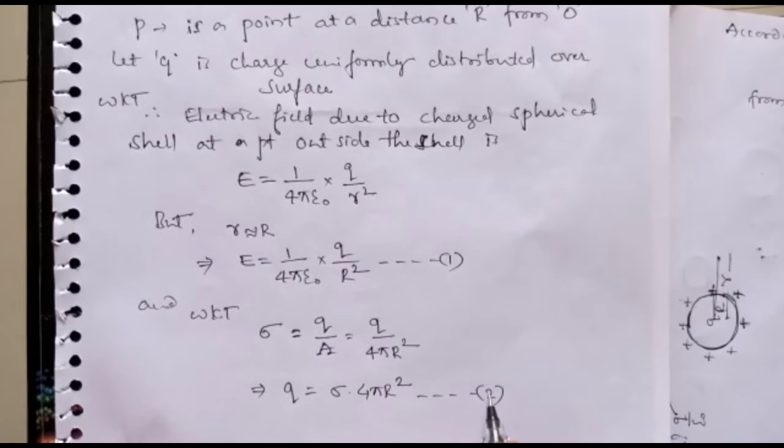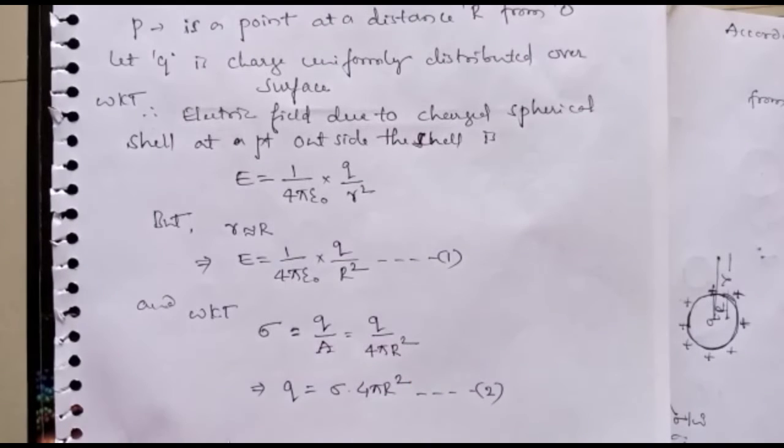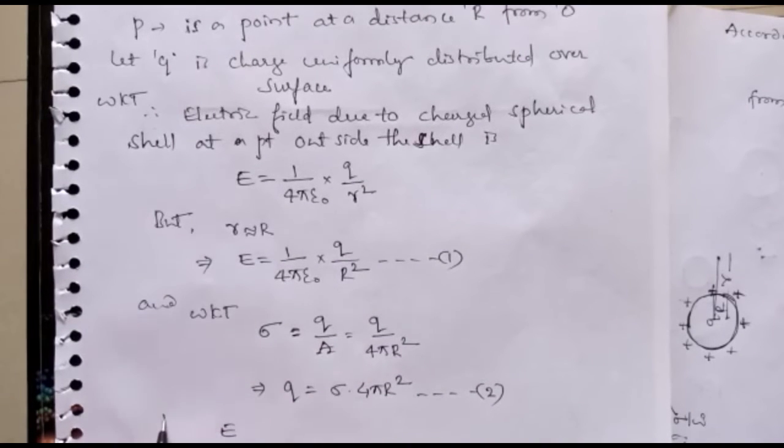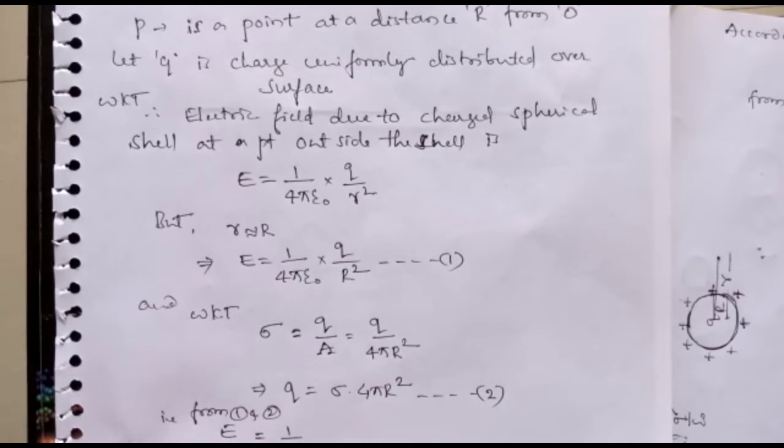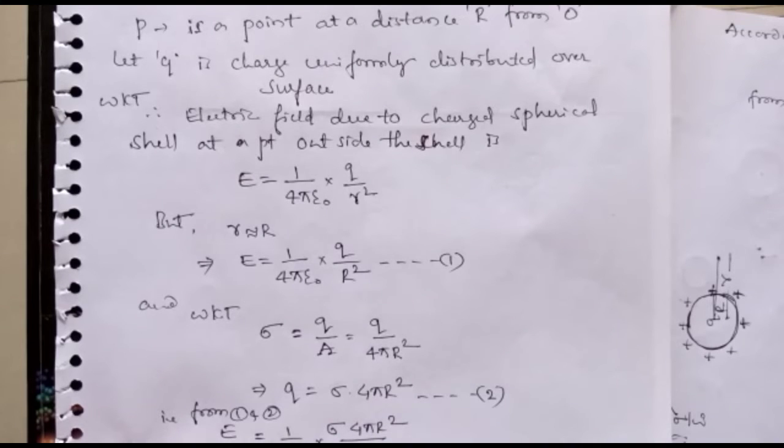Now substitute equation 2 in 1. From 1 and 2, E equals 1 by 4 pi epsilon naught, q is replaced by sigma into 4 pi r square, divided by r square.